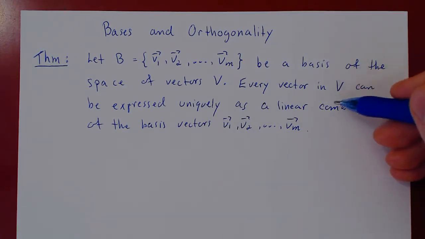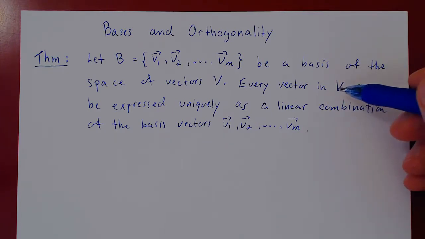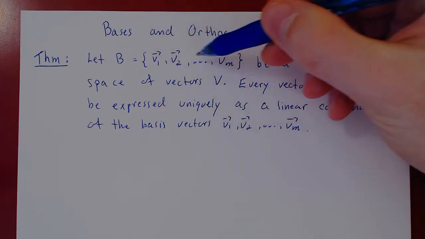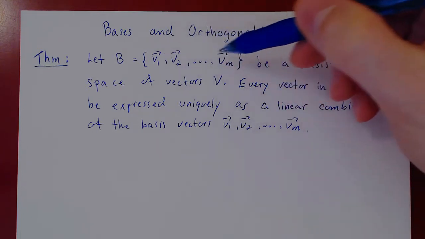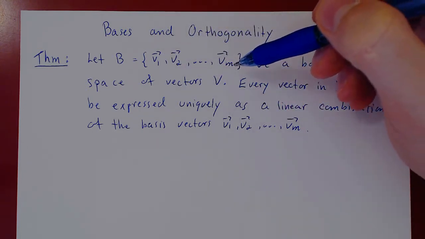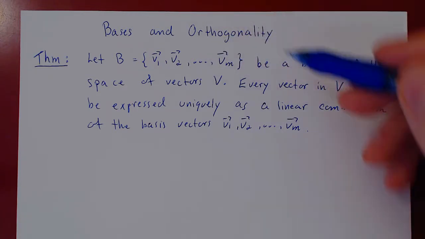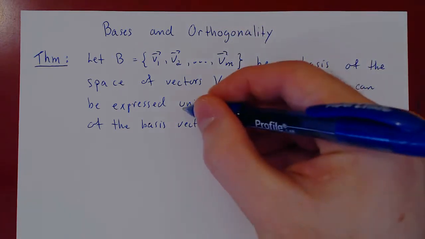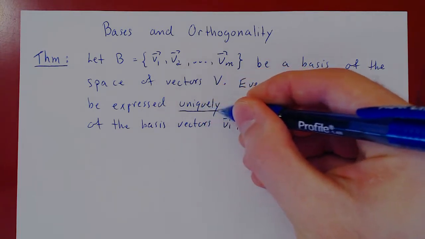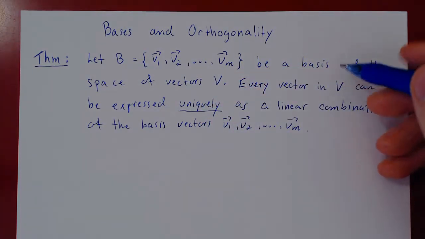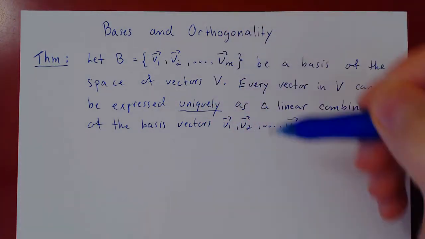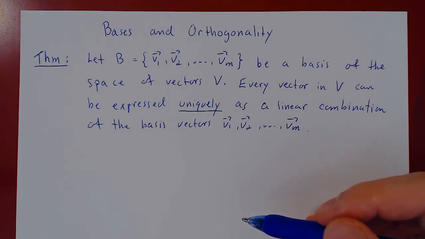So take any vector in V, you can express this vector as a linear combination of the m basis vectors, and not only that, but that linear combination is unique. So there is only one way to express a vector in V as a linear combination of the m basis vectors.